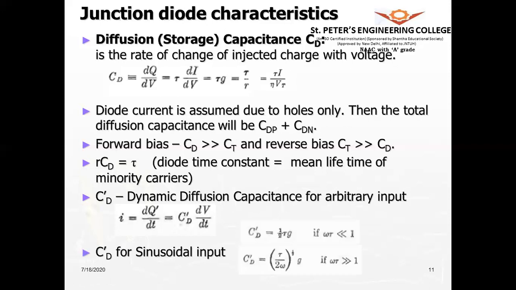For a sinusoidal input, C dash D is equal to half into G when omega tau is far, far less than 1, and it will be 1 by 2 omega tau, whole power half, into G if omega tau is far, far greater than 1.